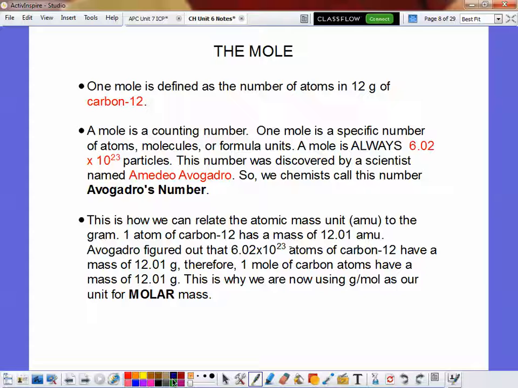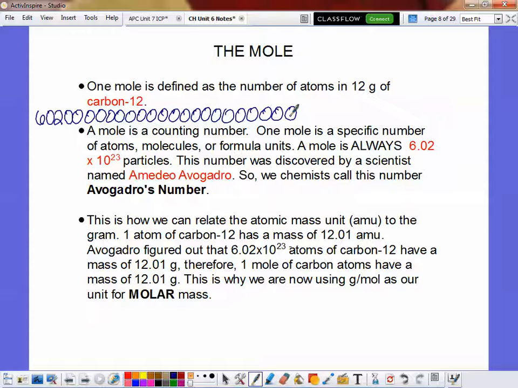The mole, or a mole of eggs, means I have, in particular, 6.02 times 10 to the 23rd eggs. It's just a substitution for a specific number, but that number is huge. That's 602 and then 21 zeros after it. Whew.